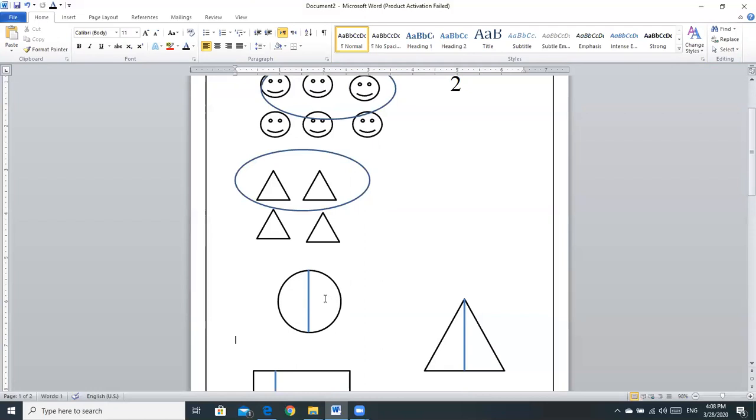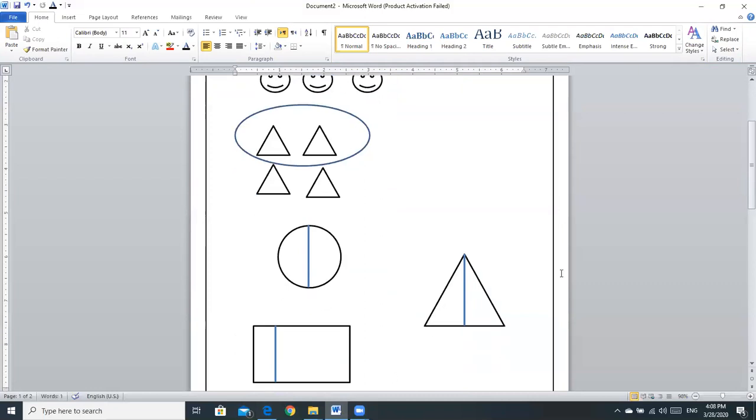So half of the shape means I divide this shape into two equal parts. What I take equals what I leave, what my sister takes. Is this shape half? Yes or no? Yes, it's correct. This shape is half. What I take equals what I leave.